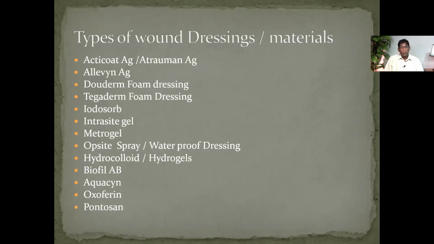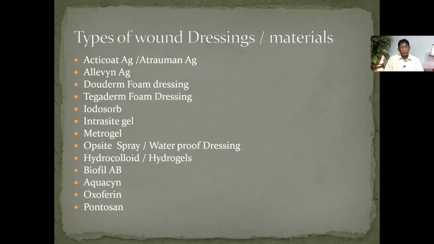An Idasoap packet can be used several times, but Intrasite gel is a gel, so it cannot be used like that. You can use it in smaller wounds where you need desloughing, but in larger ones, definitely surgeons have to get involved. So this is one of the desloughing agents.